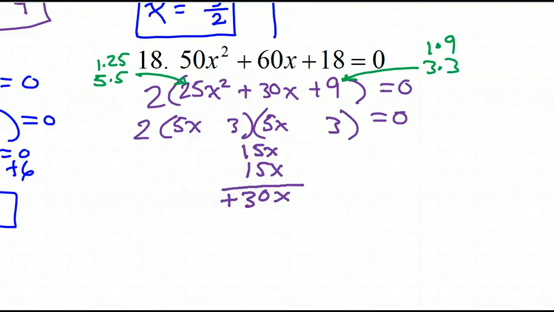And this is looking great. I'm really happy about this. Because if I have a positive 15 and another positive 15, that would make 30. So plus plus. And positive 3 times positive 3 is 9. So boom. Burton method working quickly once again. So we factored it. Time for the zero product property.